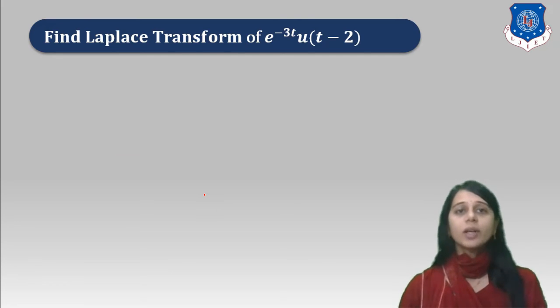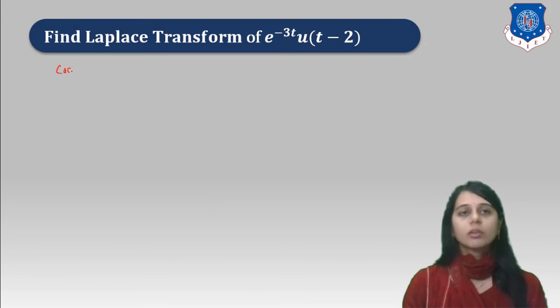Now find the Laplace transform of e raised to minus 3t u of t minus 2. Okay, so there is one corollary from the second shifting theorem.